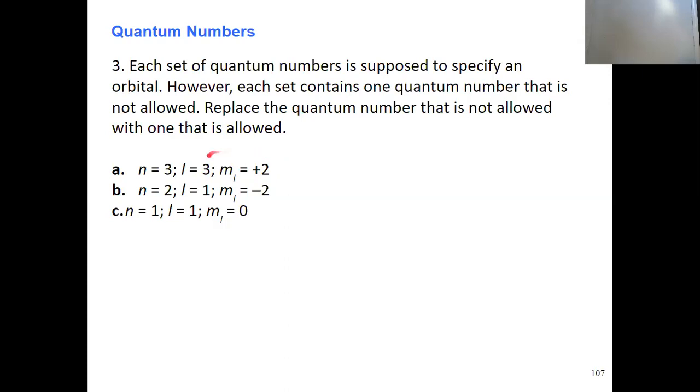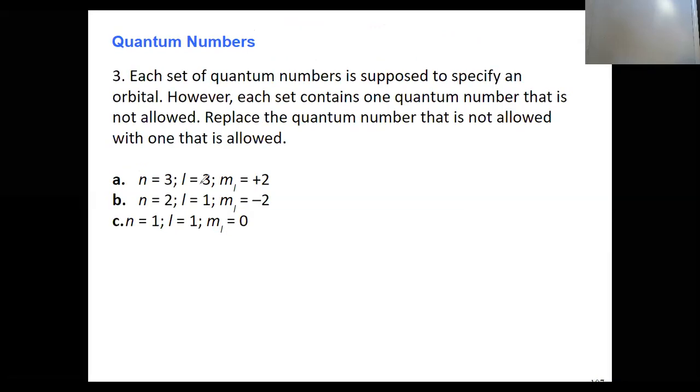But if M sub L is +2, L would have to be 2, right? So we'll cross that out, and that should be 2.